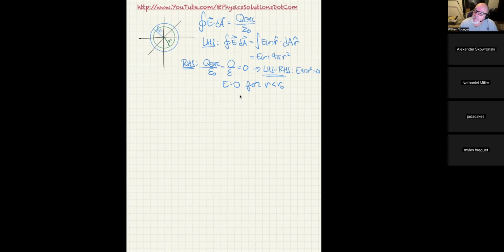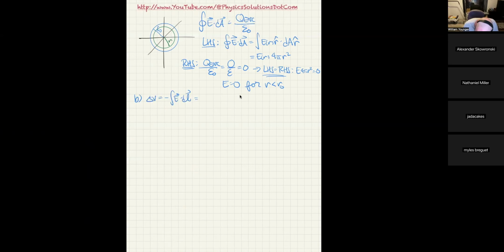We've got 2 minutes left. Now what I'm going to do is calculate the change in voltage from R to R0. For part B, delta V is equal to the negative integral of E dot dl.